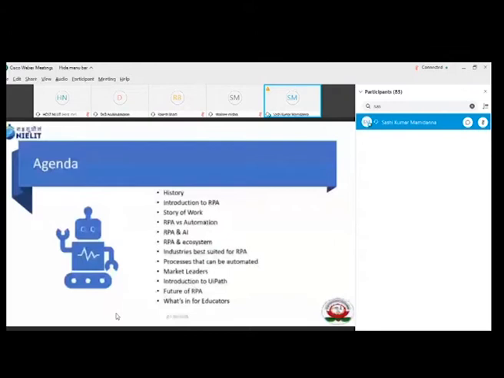Talk about UiPath in specific, because this is one company which is considered one of the market leaders. And then the entire workshop is focused primarily on learning the technology of RPA using this technology. Finally, what will be the future for RPA? And then the last key takeaway for today's session would be what's in it for all of us as educators.